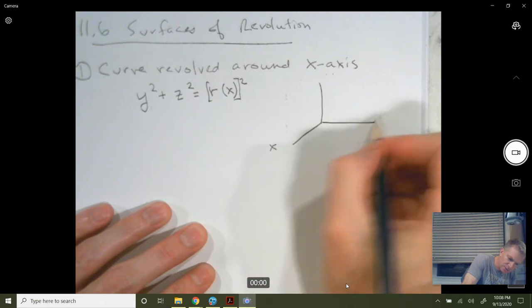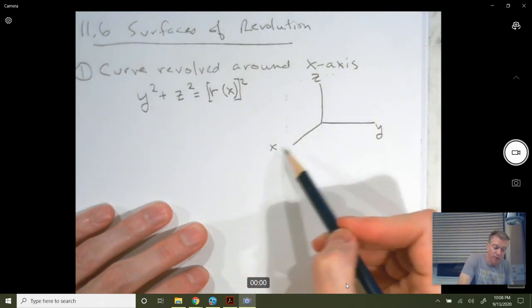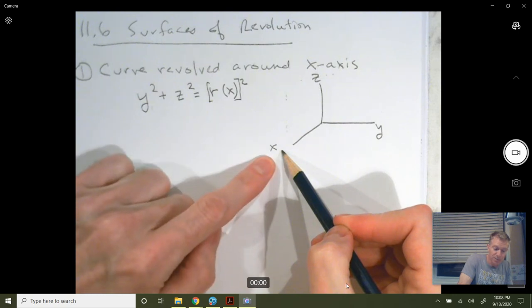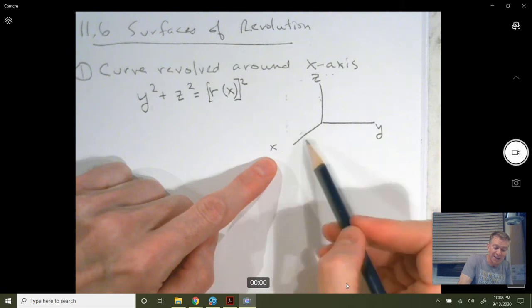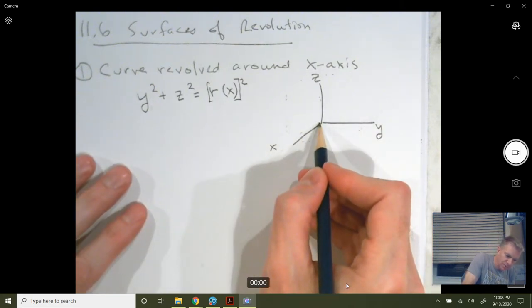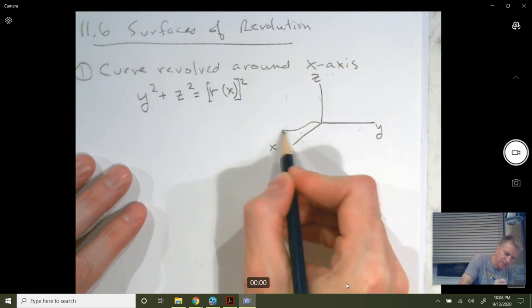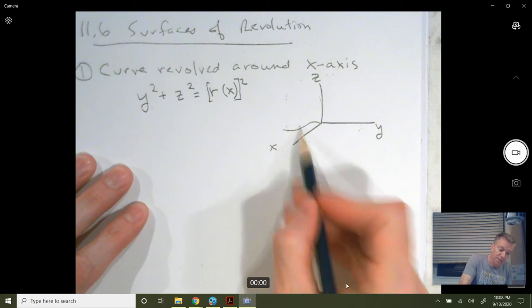There's your x-axis, your y-axis, and there's z-axis. So if you're going to take a curve and revolve it around the x-axis, it has to be a curve either in the xz plane or a curve in the xy plane. Okay, so let's say we have some curve that kind of goes like this in the xz plane, and you're going to revolve that around the x-axis.